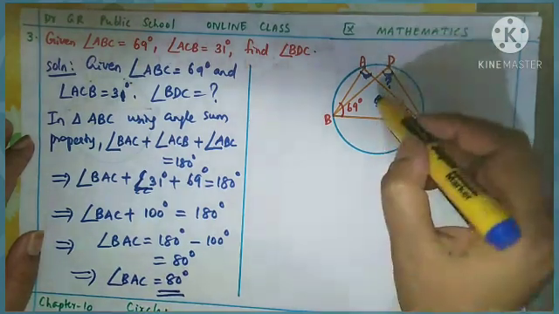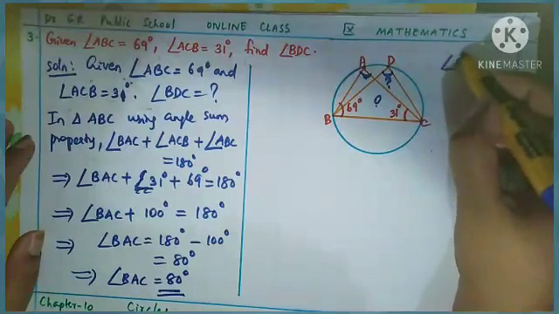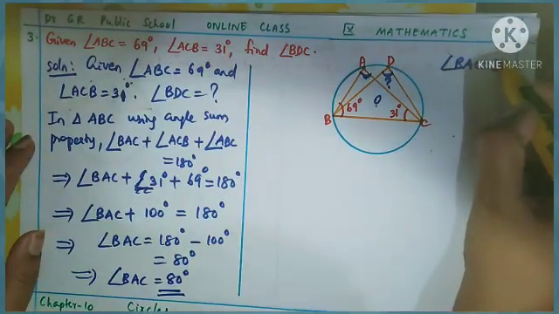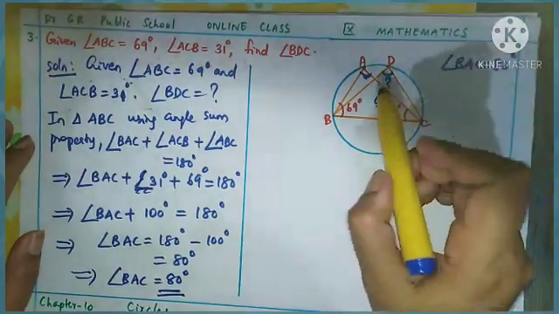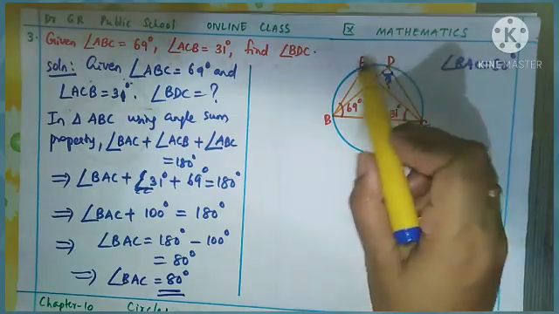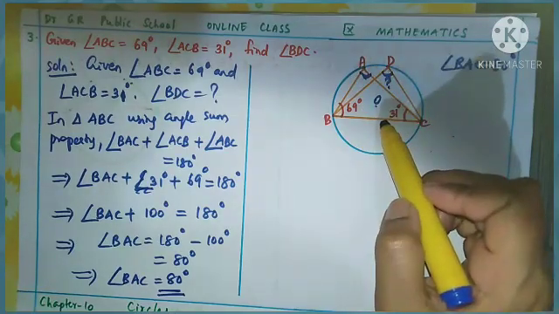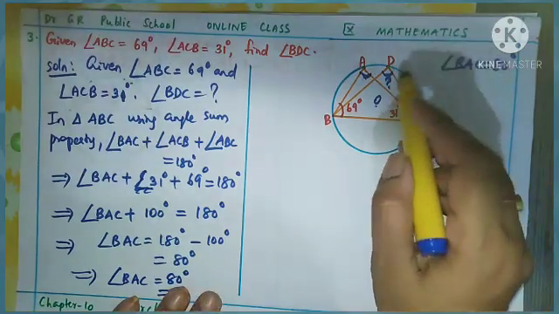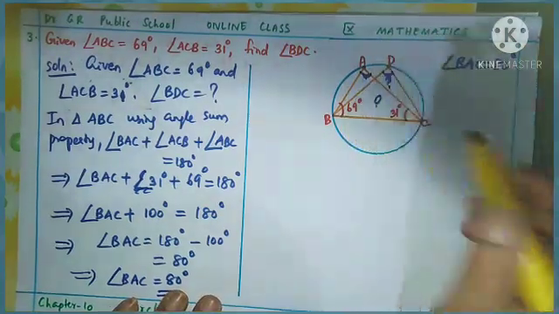So we got this angle BAC as 80 degrees. What can you say about angle A and angle D? They are on the same segment of the circle. So what can we write then?